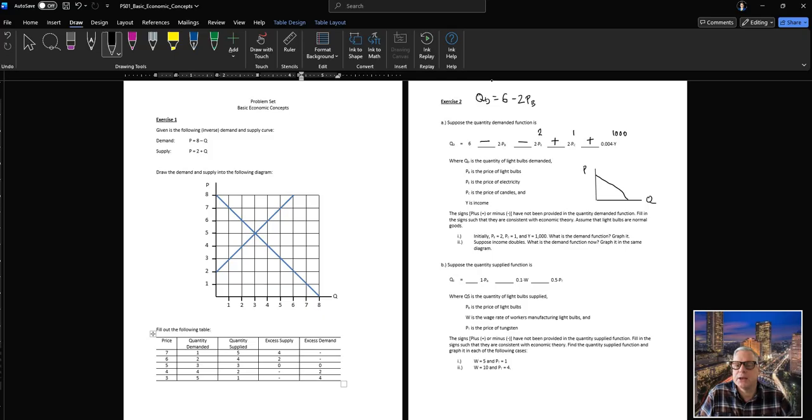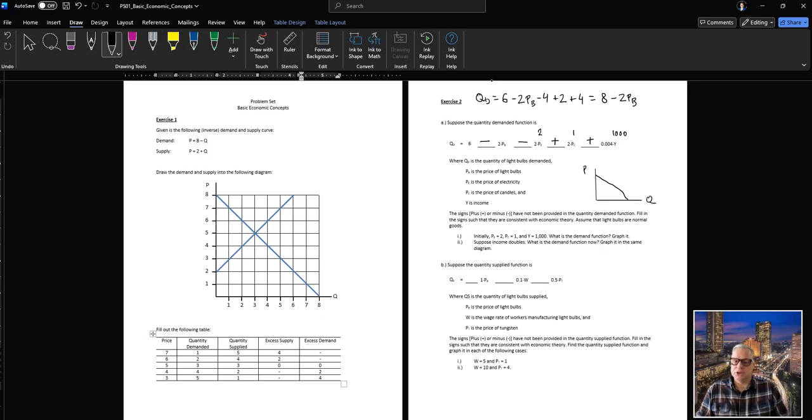So now minus 2 times 2, that's minus 4, plus 2 times 1 is 2, plus 0.004 times 1,000, that's 4. Okay, so now that simplifies to 6 minus 4, that's 2, plus 4, that's 4, plus 4, that's 8. So now we get 8 minus 2 times the price of the light bulb.